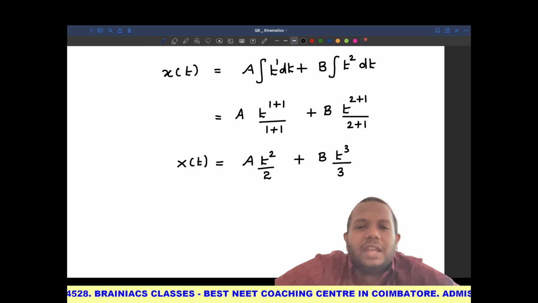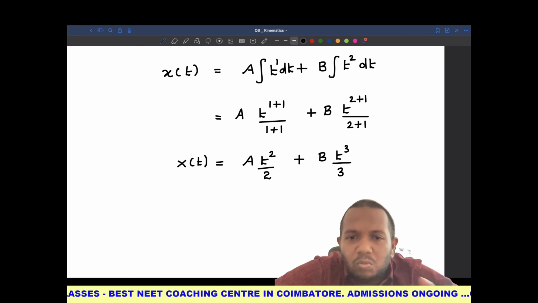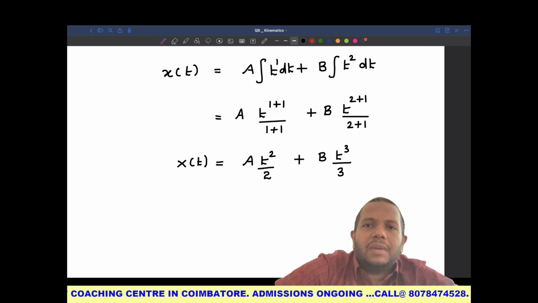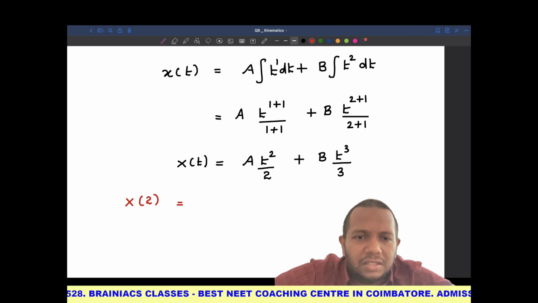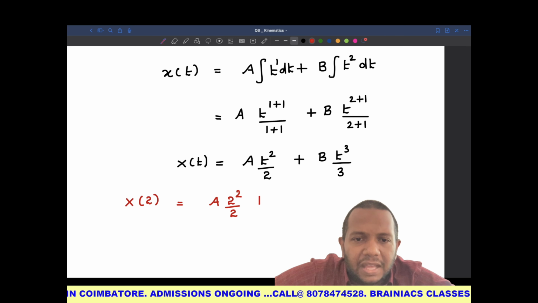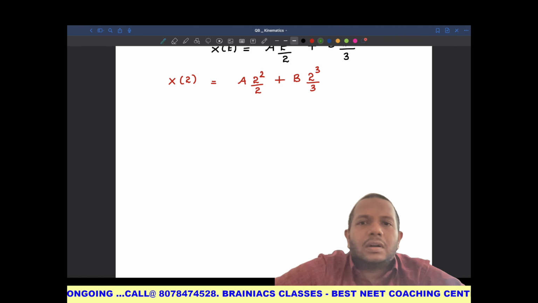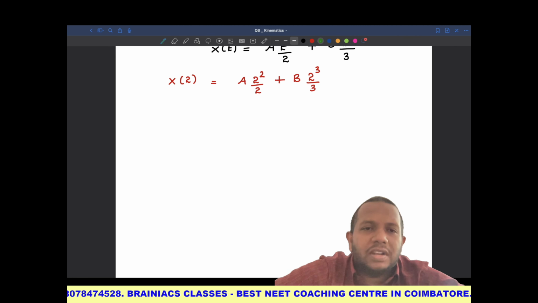Now we need to calculate what is the distance traveled between 1 second and 2 seconds. Okay, so let's calculate the distance which have traveled by the body in 2 seconds. So I will put time t is equal to 2. So a into 2 square by 2 plus b into 2 cube by 3. Okay, so just now we have calculated what is the distance traveled at a time t is equal to 2 seconds.